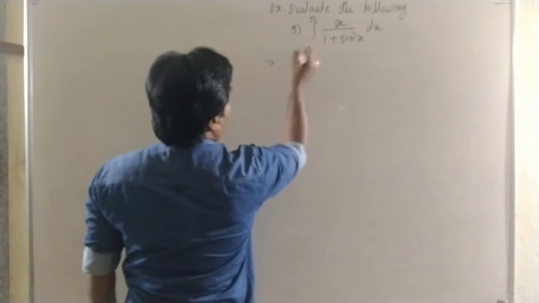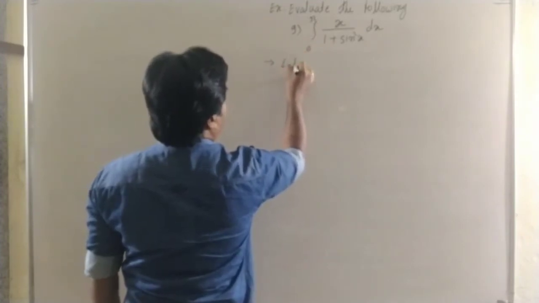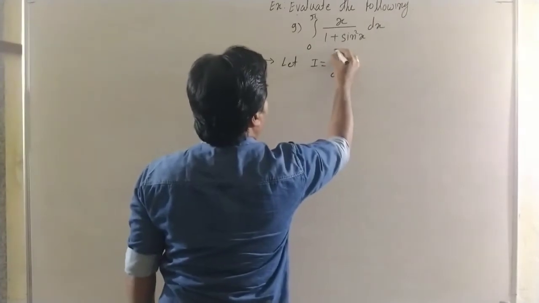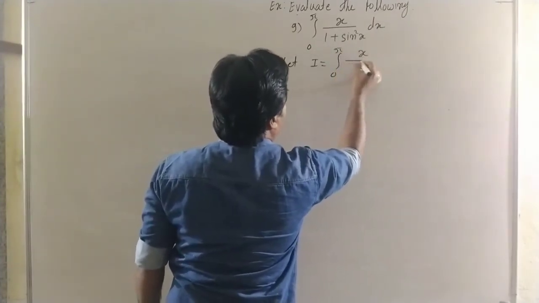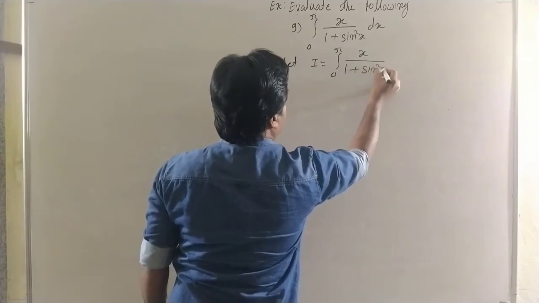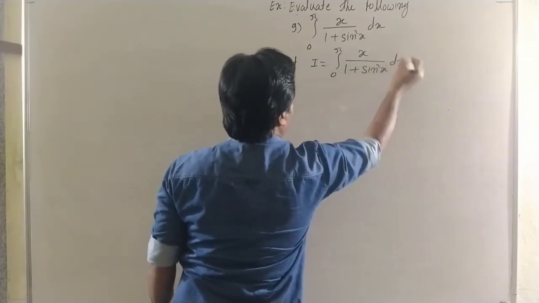Let I be equal to integral 0 to pi of x upon 1 plus sine square x dx.